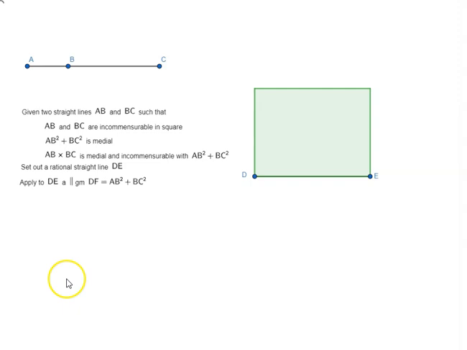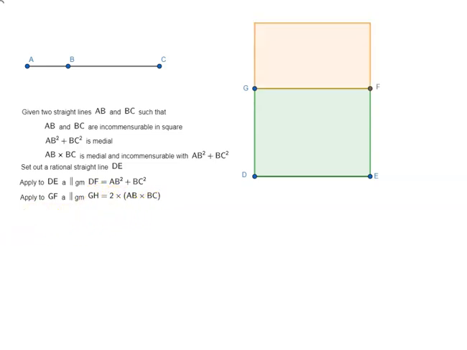Okay, we have applied, and let's call this G and let's call this F. So DF is equal to AB square plus BC square, and it is applied to a rational straight line DE. Again, apply to GF a parallelogram GH equal to 2 times AB by BC.